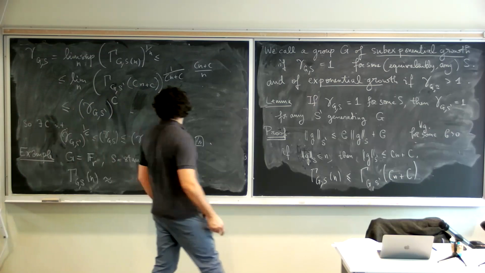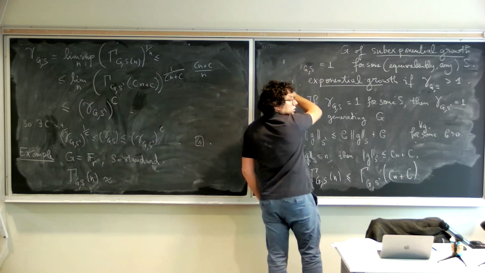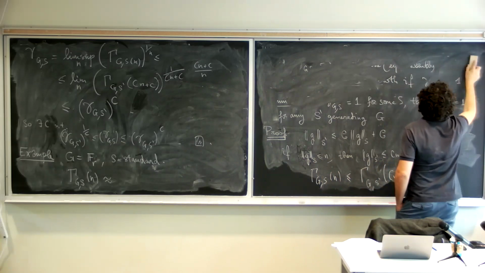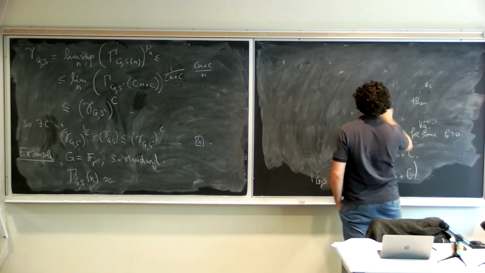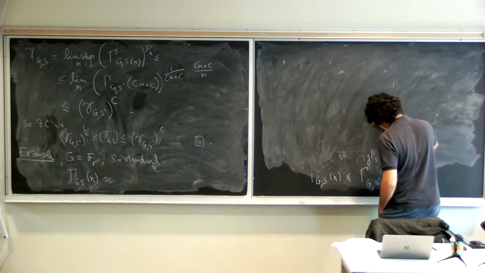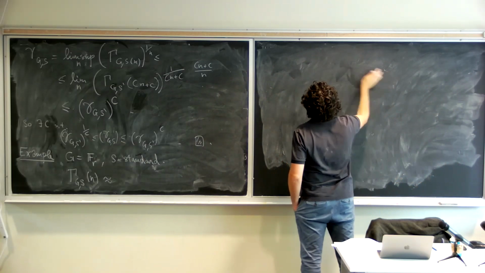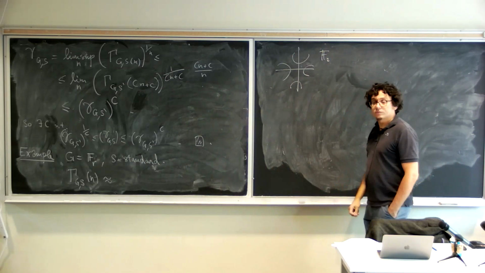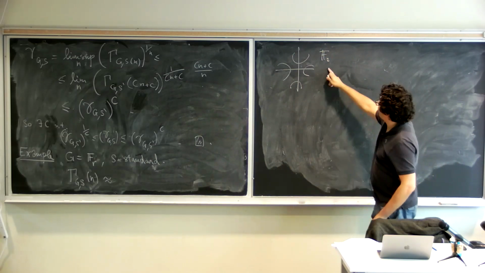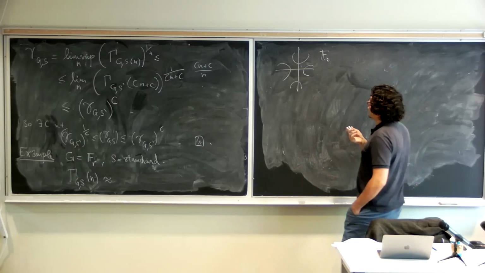Let's see. Remember that if we take the free group in 2 generators, F2, what's the growth rate here? And it's not 2 to the n, right?